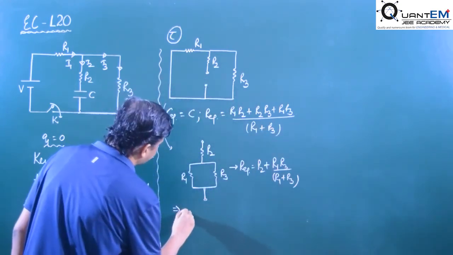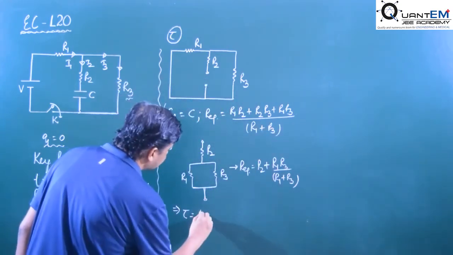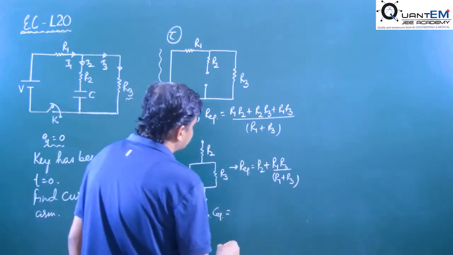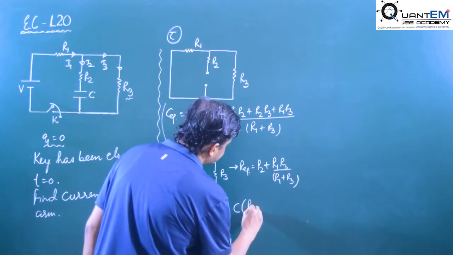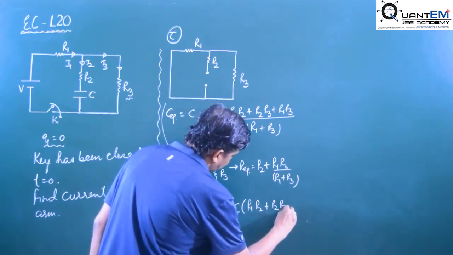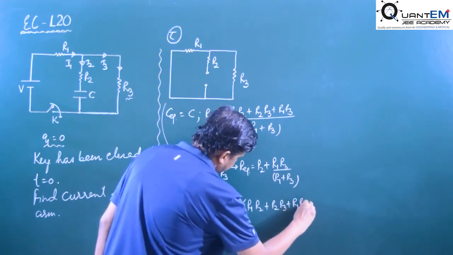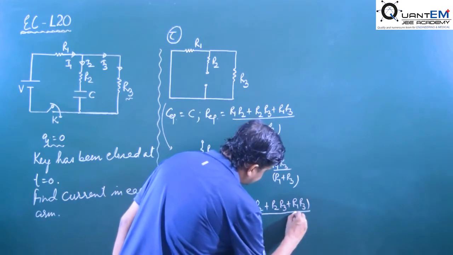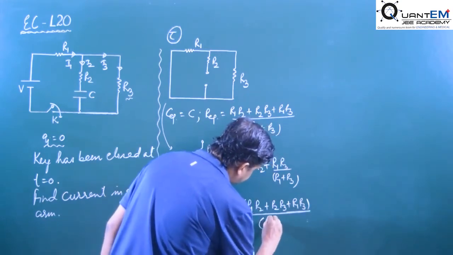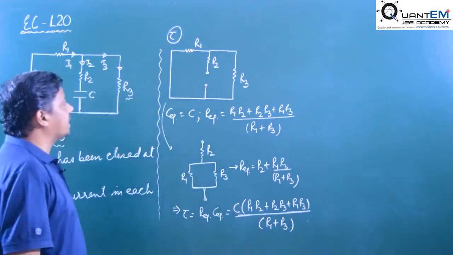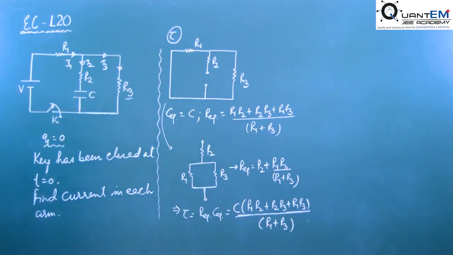Hence we get the value of time constant. It is R equivalent into C equivalent, so that will be C (R1 R2 + R2 R3 + R1 R3) divided by (R1 + R3). It is the value of the time constant.